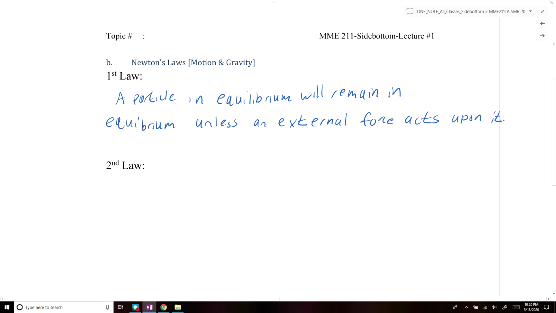Equilibrium we can define as the sum of all the forces acting on a particle being equal to 0.